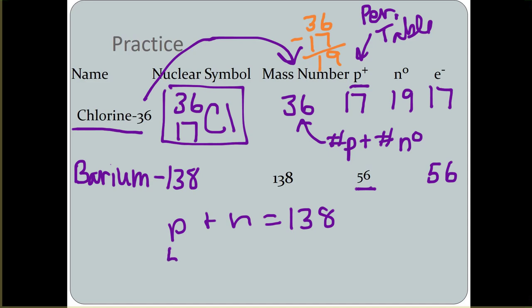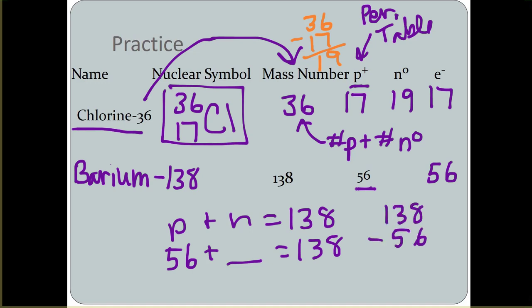So if I have 56 protons, how many neutrons will I need to get that 138? And you're going to subtract it. So 138 minus 56, and we get, what is that? 82. So 82 neutrons. Our last thing that we need to do is write the nuclear symbol.